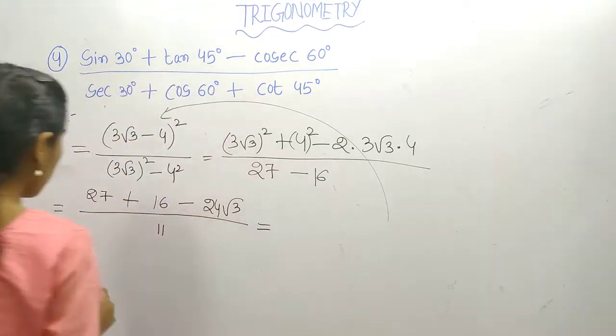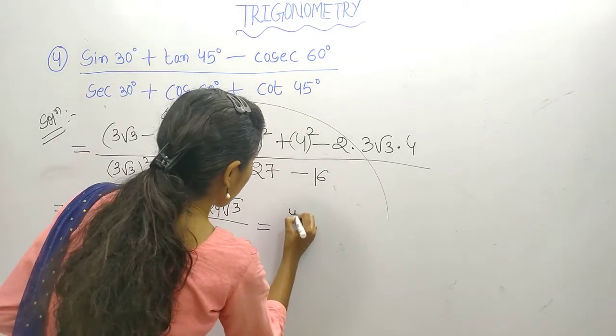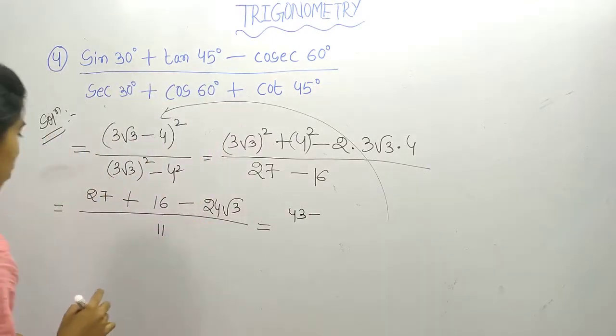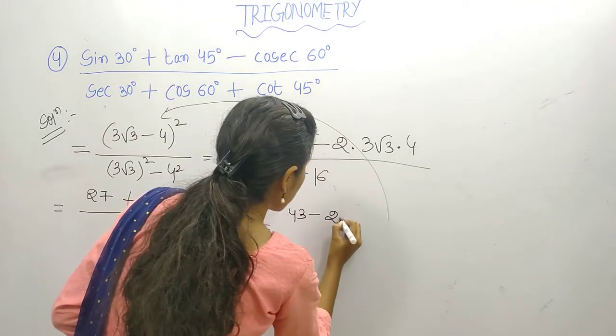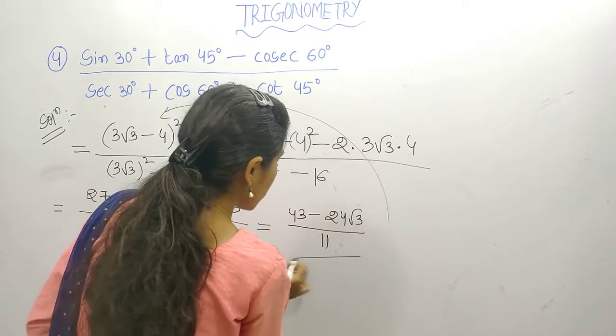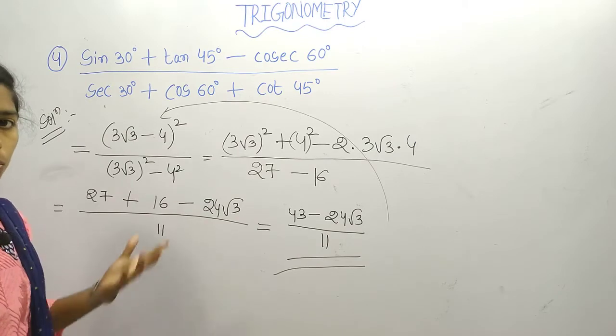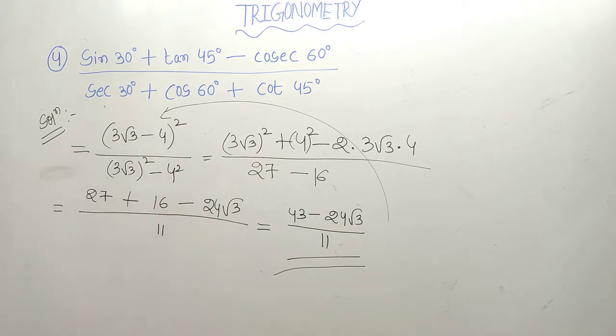So what will it become? You see, 27 plus 16 is 43, 43 minus 24 root 3 divided by 11. So this is our solution, okay. So let's move to the next question.